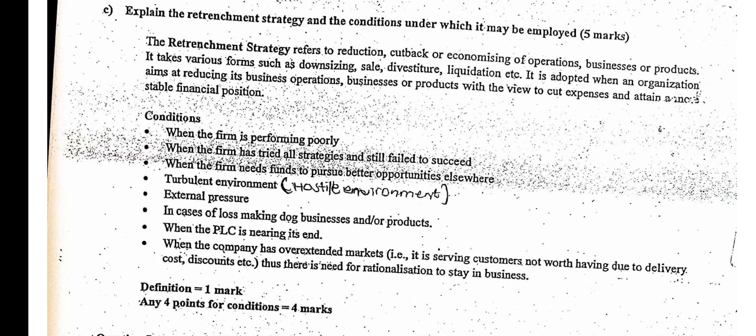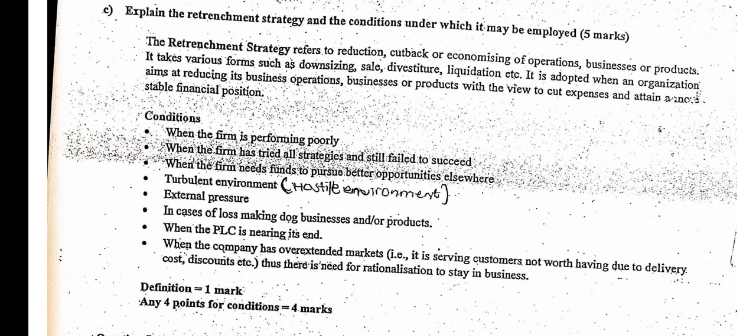It takes various forms such as downsizing, divestiture, liquidation, etc. It is adopted when an organization aims at reducing its business operations, businesses, or products with a view to cut expenses and attain a stable financial position.